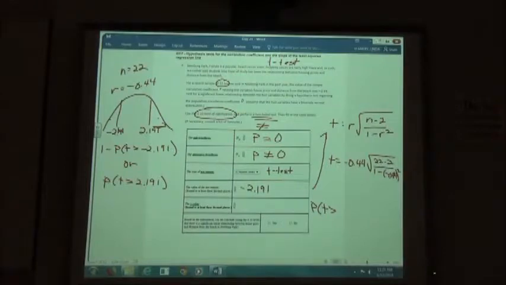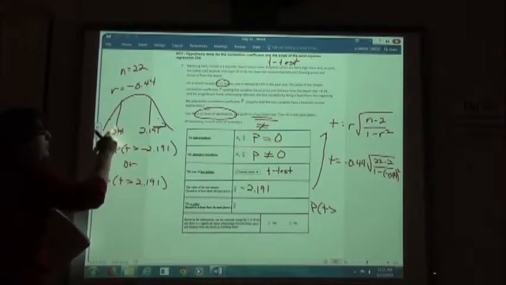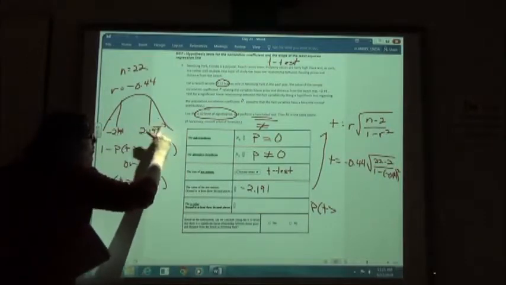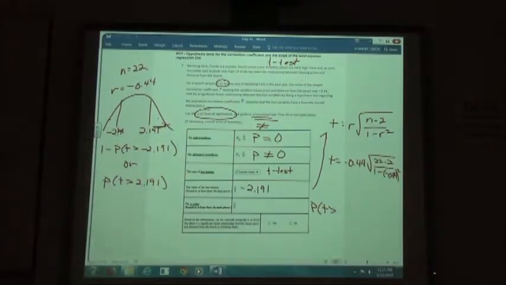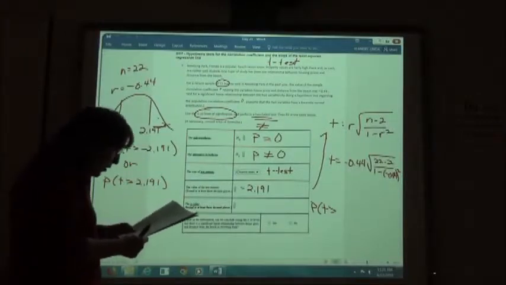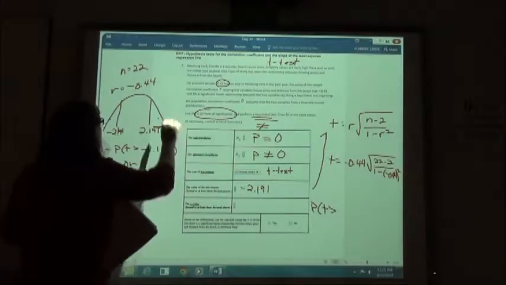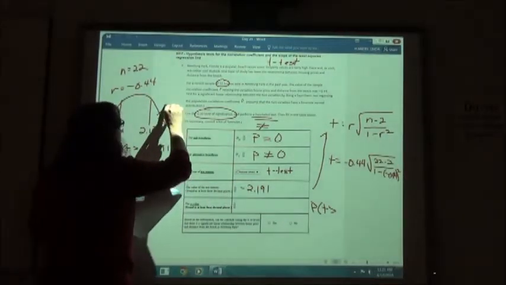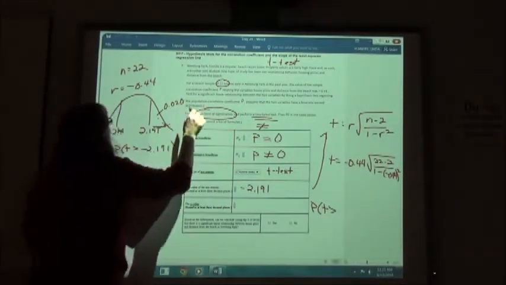Go ahead, test that out. It should give you the same value because either you're calculating the percent to the left of this point or the percent to the right of that point. And it should be the same percentage. Hopefully, you come up with 0.020.